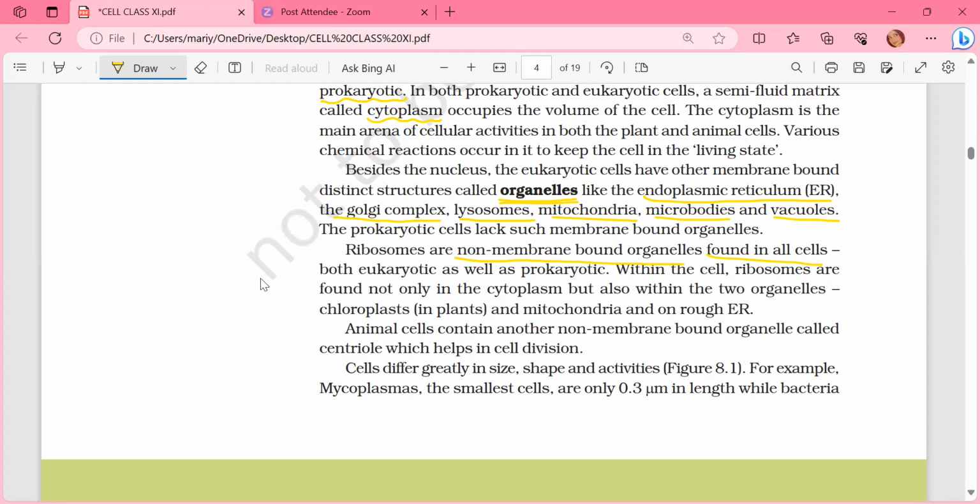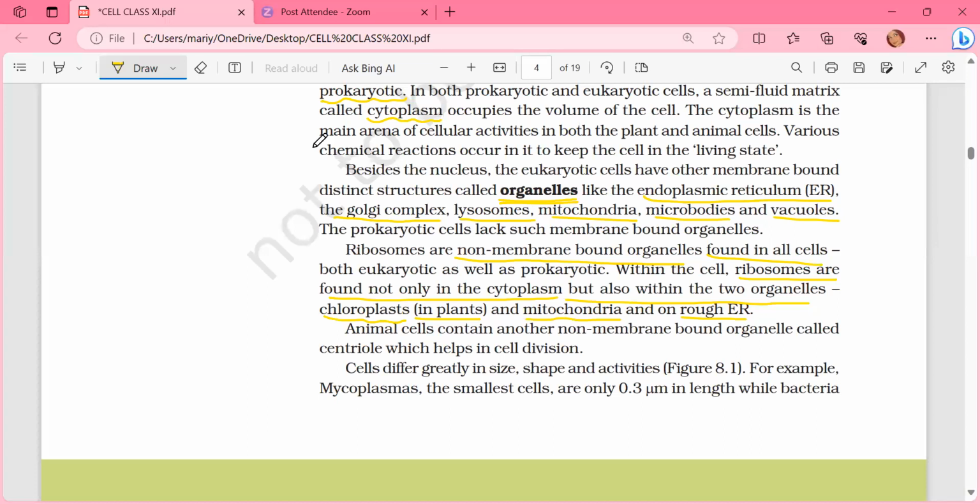Within the cell, the ribosomes are found not only freely in the cytoplasm but also on other organelles, those organelles being chloroplast in the case of plants and mitochondria in the case of animals, and also on the rough endoplasmic reticulum. Obviously this is the most famous spot, isn't it?